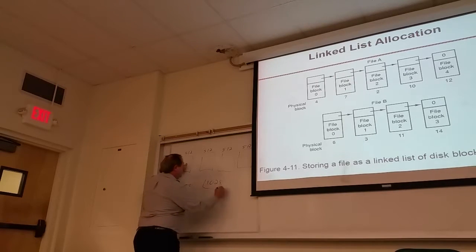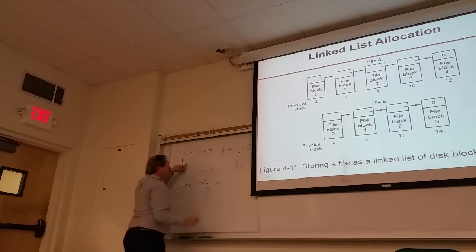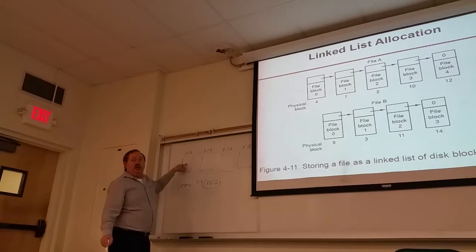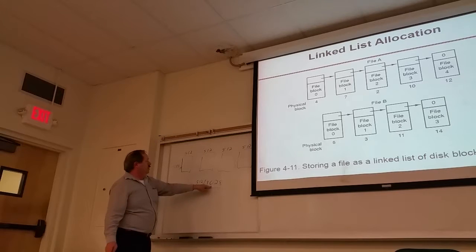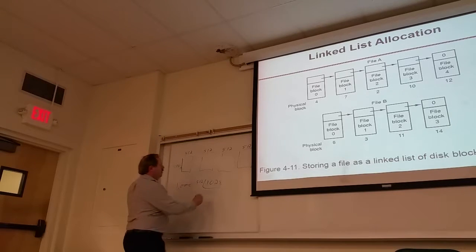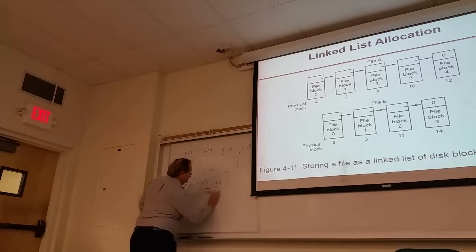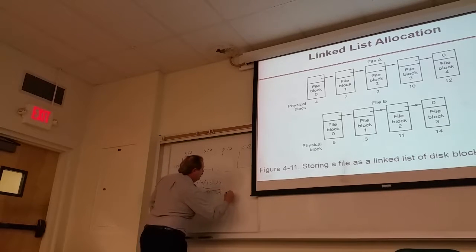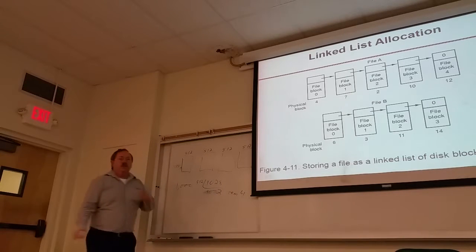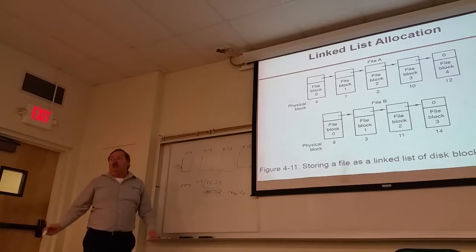Yes, we could do a division by 512, and it would tell us 2, remainder 4. So I could do that, but modulo is going to do the same thing.